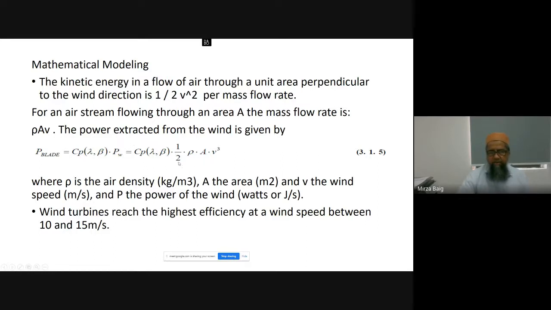So it's Cp times half rho A V cube, where rho is the air density, A is the swept area of the blades, and V is the prevailing wind speed. Normally, the optimum wind speed where you can get the maximum power is between 10 to 15 meters per second.